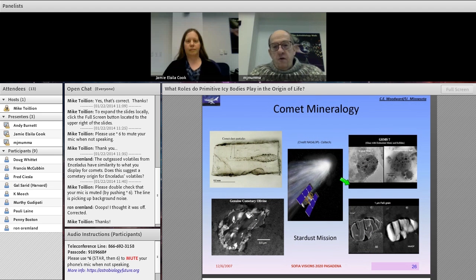And then the mineralogy of those dust particles is the other interesting part of that. Some inclusions have been used to identify interstellar particles that were included within the returned cometary material. Others are nebular origin, and I think Jamie will say a lot more about that.